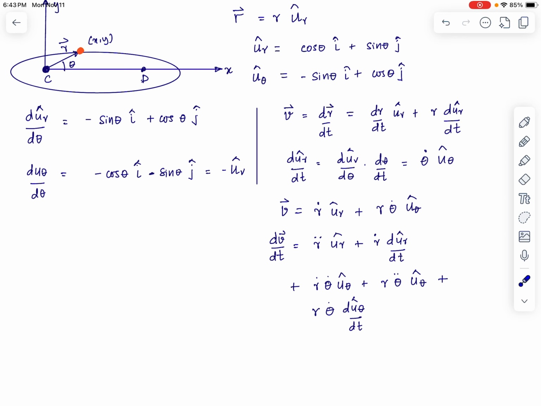Now let's reduce this expression for acceleration into a simpler form.